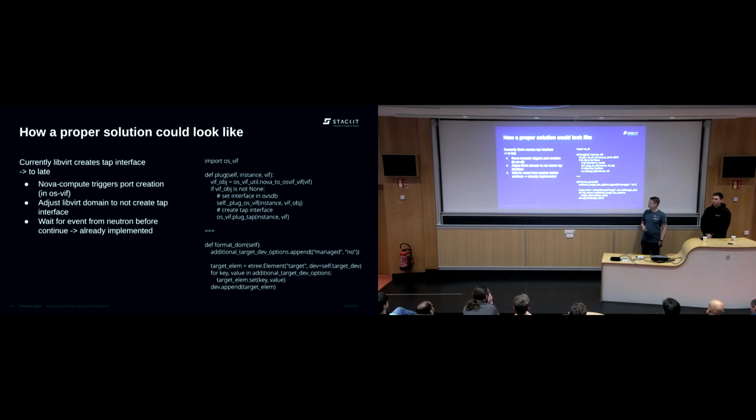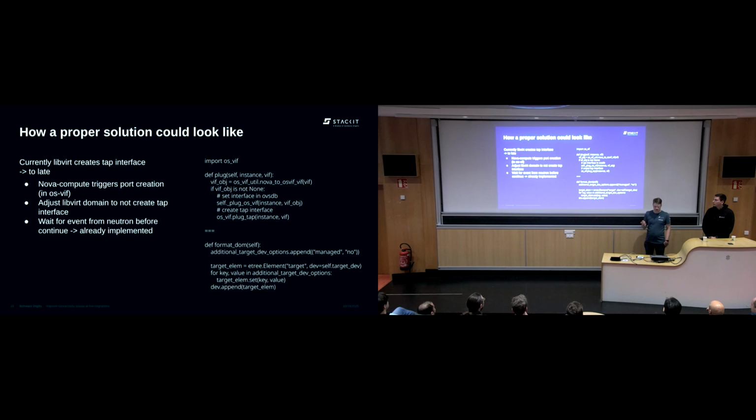So the idea was to put some information into the port entry that Nova can also check on to know: is this a port where I need to create the port first, or is it a normal port where I don't do that?